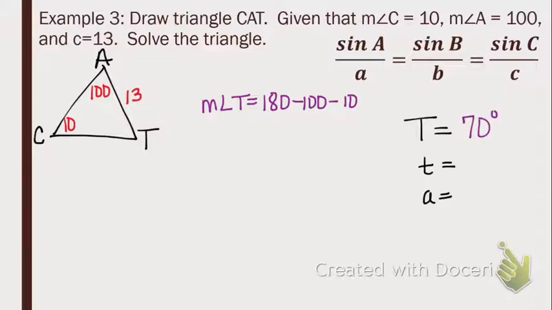So the bad thing is, if you miss that part, then you're going to miss side t. So you have to get the right answer for angle t in order to get the right answer for little t. So let's go ahead and find A first.